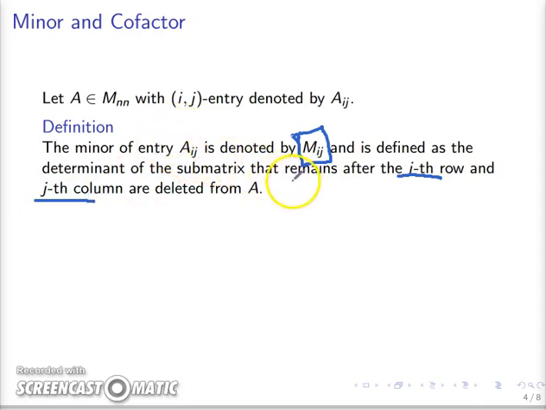So the definition of the determinant for the square matrix A will rely on the calculation of determinants of smaller matrices, also called submatrices. This definition is recurrent.